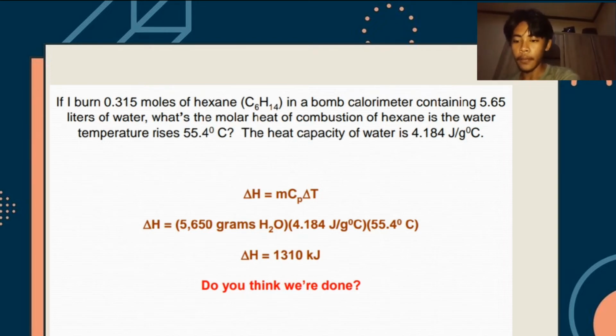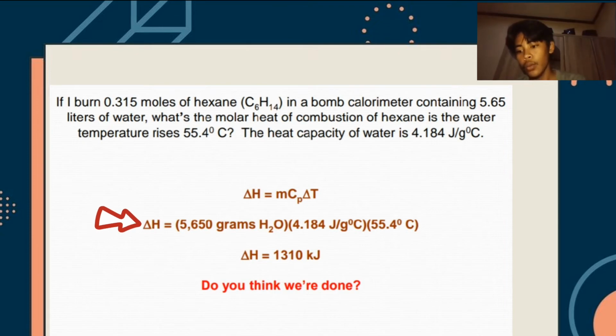The heat capacity of water is 4.184 joules per gram per degree Celsius. Delta H is mCp delta T, which translates to mass times heat capacity times the change of temperature.